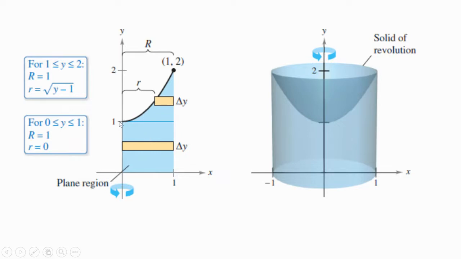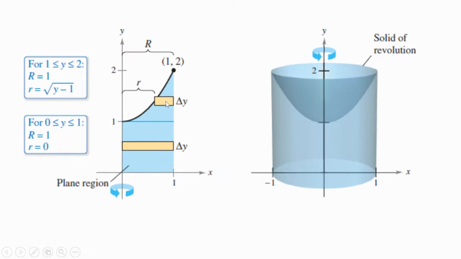But look what happens when I go from 1 to 2. And by the way, going back to the discussion I had with the student on the last problem, you do have to figure out that this point is (1, 2).